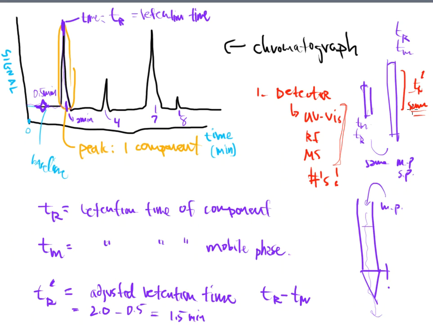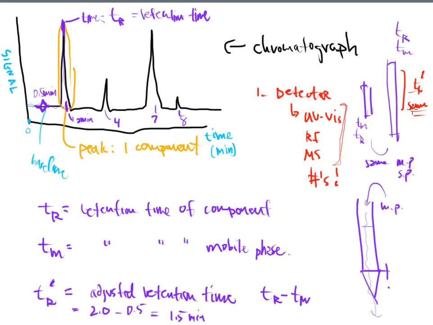The retention time of the mobile phase, that will not match. I'm using different length of columns. Our overall retention times will not match because I'm using different length of columns. But our adjusted retention times will be very similar because it takes all of that into account and it really subtracts it out of the equation.